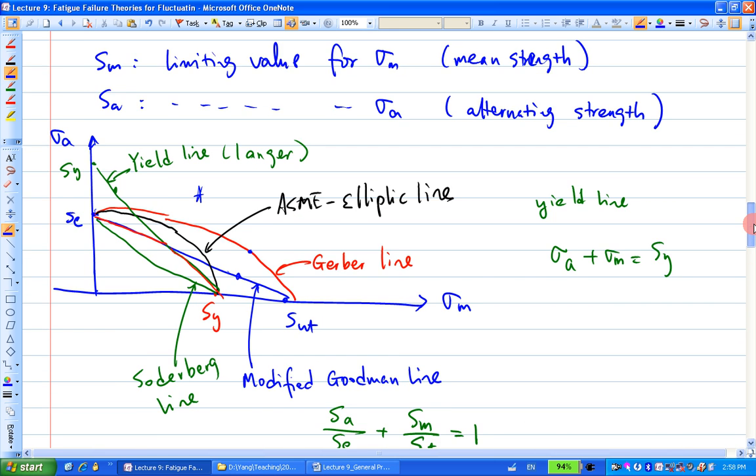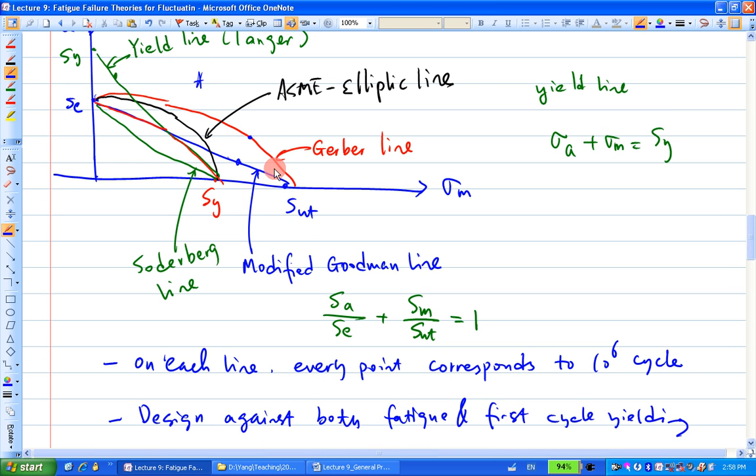So basically the answer is here, right? Because the Gerber is on top of the Goodman here, and you have a state of stress sigma A and sigma M. Chances are if your state of stress is within the two, according to Goodman it's a limited number of cycles, but according to the Gerber it's actually still infinite, right?